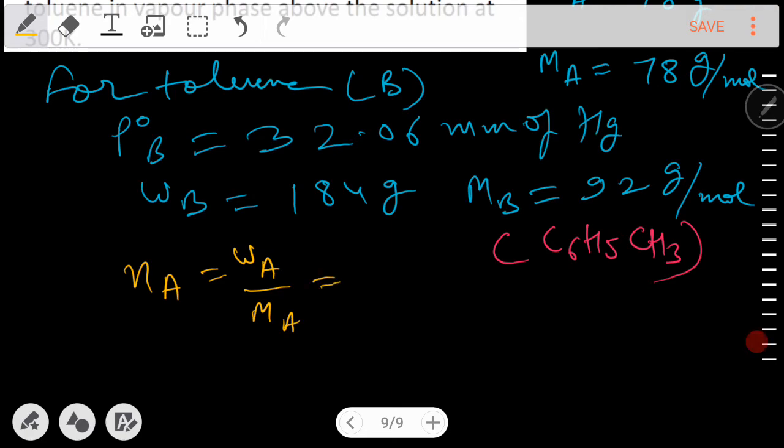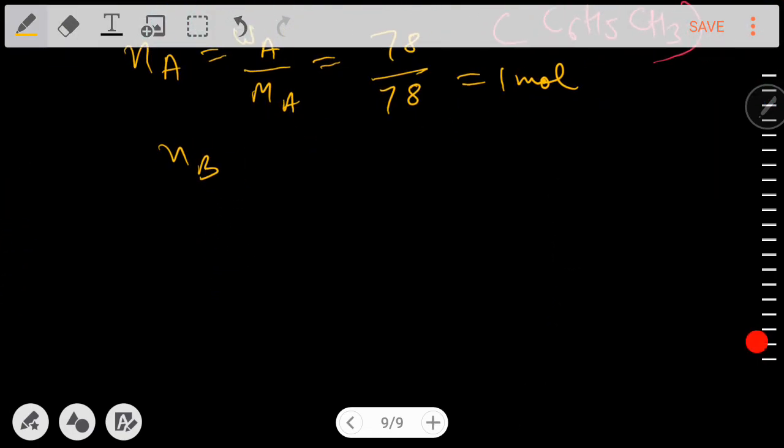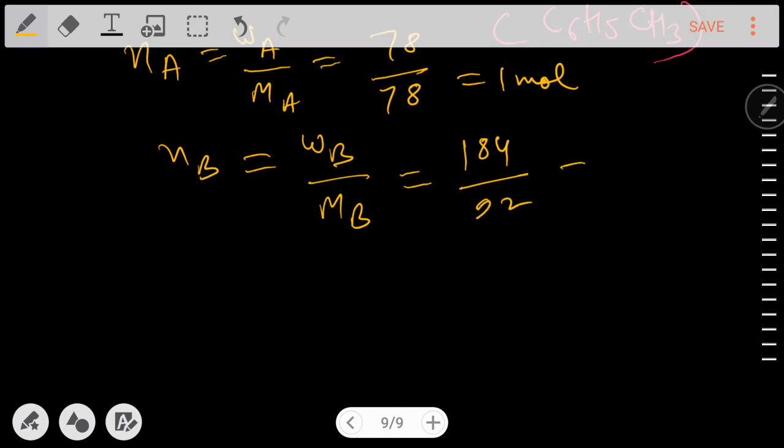Wa is given 78. Ma is also 78. So it is 1 mole. Similarly Nb is Wb by Mb. Wb as per the question is 184 and Mb for the toluene is 92. Solving it you will get 2 mole.